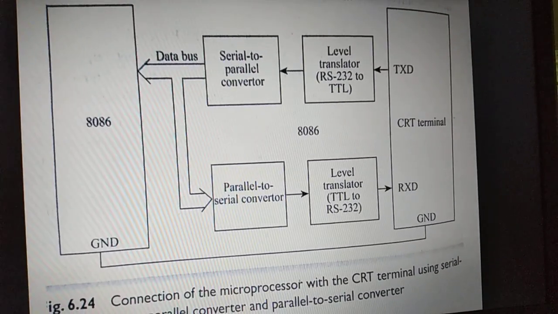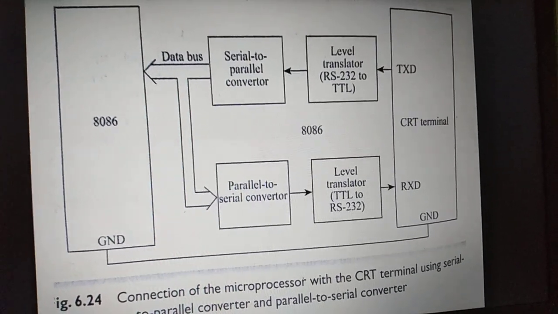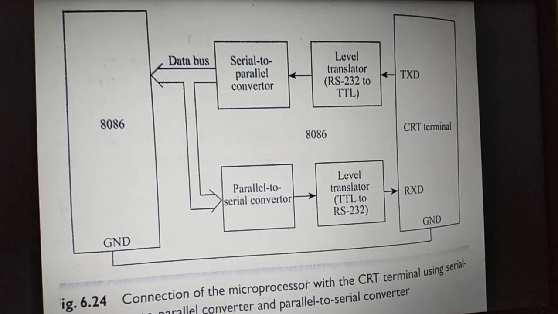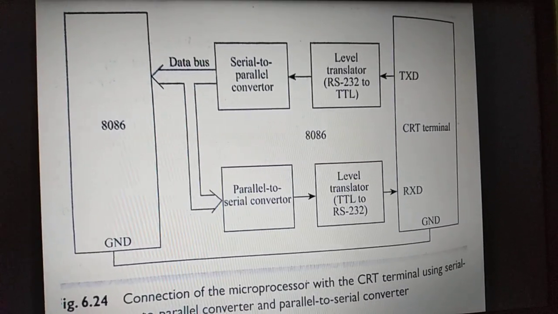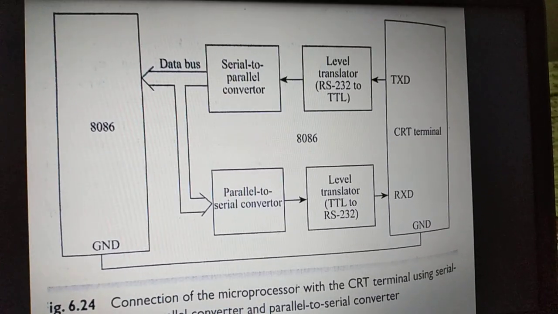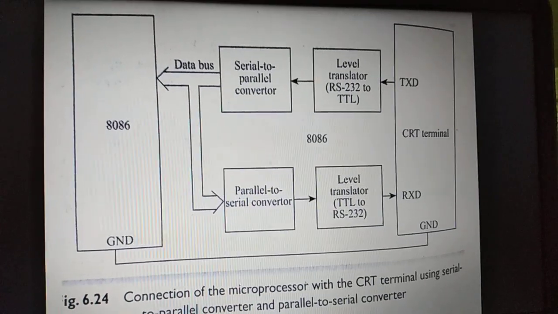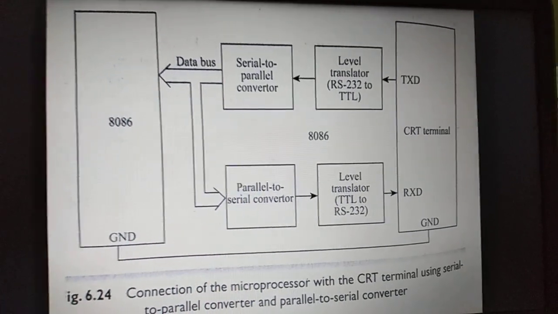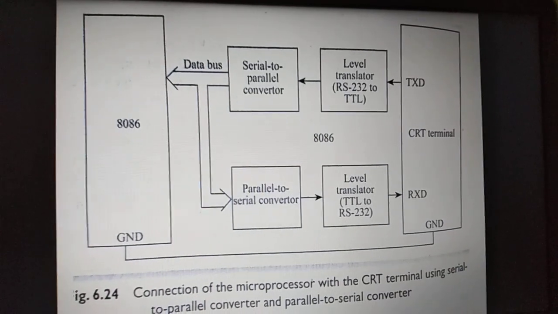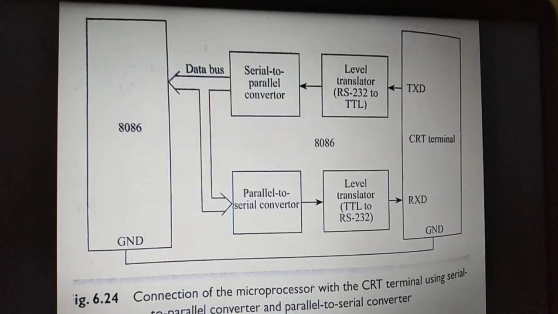So for transmitting data, we need to convert the data from parallel form to serial form, and then convert from digital to analog form. While receiving, the data from the CRT terminal is converted from analog to digital first, and then the serial data is converted into parallel data before being submitted to the 8086. This is the second method.